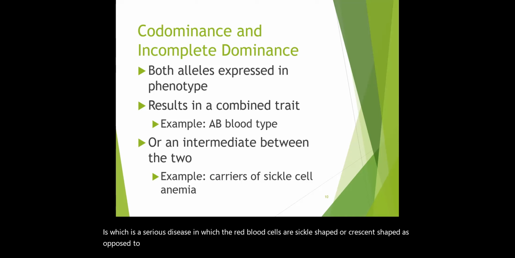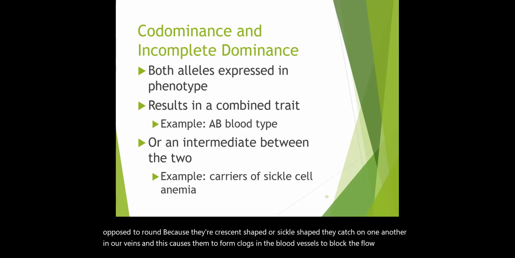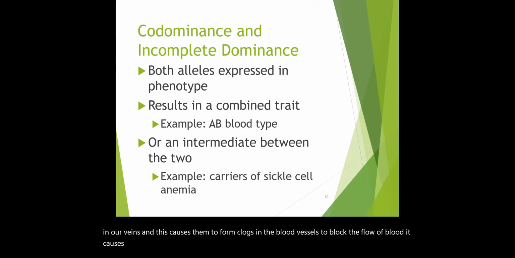Because they're crescent-shaped or sickle-shaped, they catch on one another in our veins. And this causes them to form clogs in the blood vessels to block the flow of blood. It causes intense pain, swelling, and tissue damage because oxygen is not able to get to those tissues.